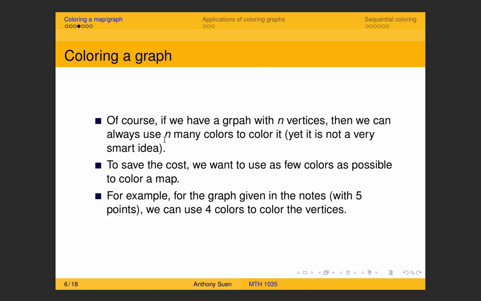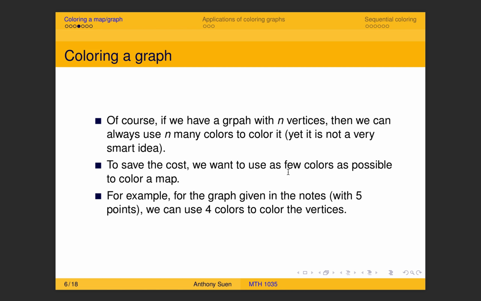We don't need like 50-something colors to color the map of the United States. So we can do the problem way below the number of vertices. We can use quite a few colors compared with the number of vertices. And as I said, to save the cost, we want to use as few colors as possible to color the map.